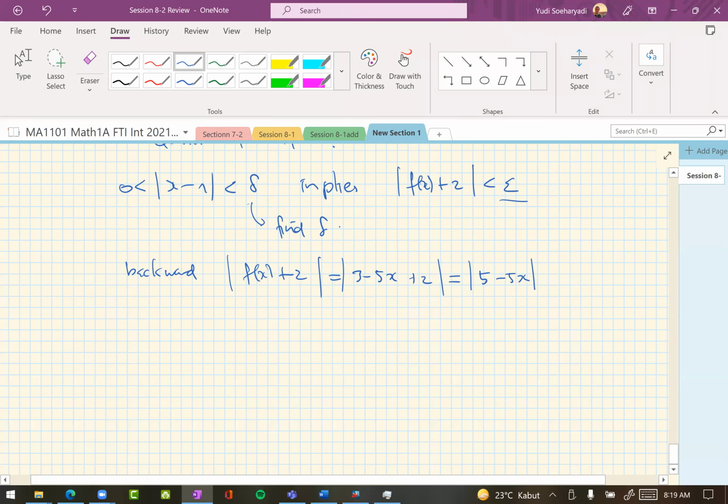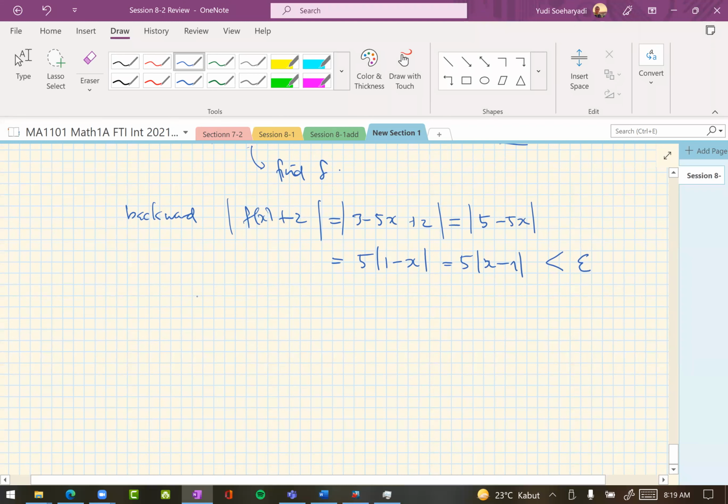So the idea is how to make x minus 1 appear as some part of this one. In this case, you get this 5. You can take 5 out. Of course, this is the same as this one, and you would like to have this less than epsilon.